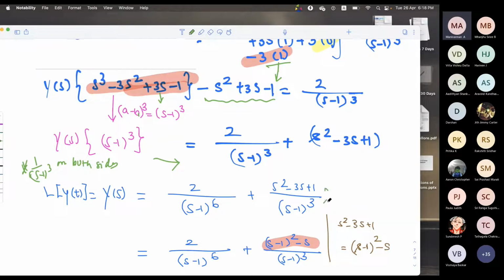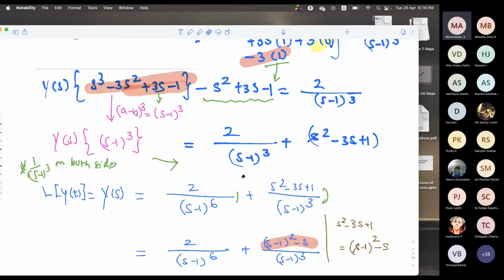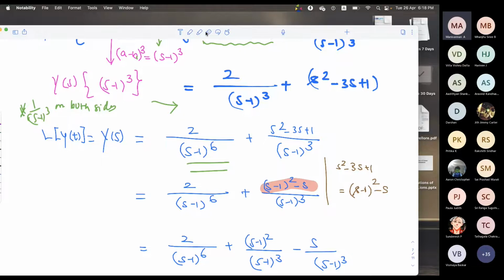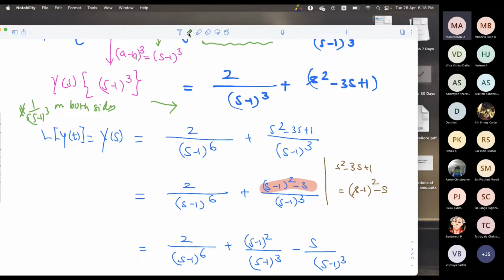Still it is a proper fraction, this also a proper fraction, right? Here s to the power 6 is there, which means 6 constants you have to compute, and in this term we have to compute 3. So overall 9 constants you are going to compute, right?